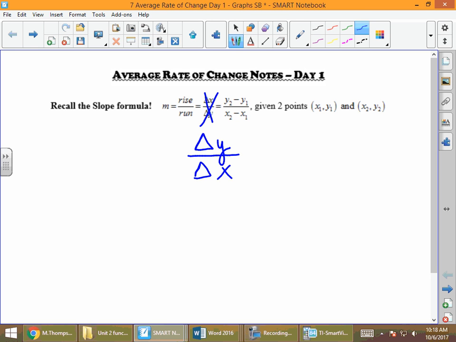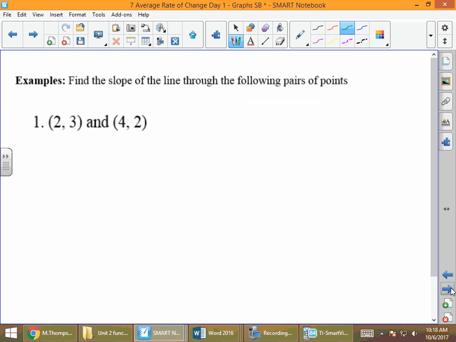Hopefully that's familiar to you, but we're going to practice a couple of them before we get into the average rate of change. What I recommend when we're finding the slope between these 2 points, if this is tough for you, is to label the points: x sub 1, y sub 1, x sub 2, y sub 2.